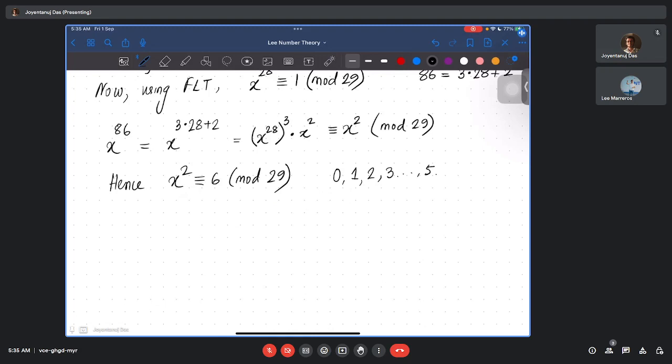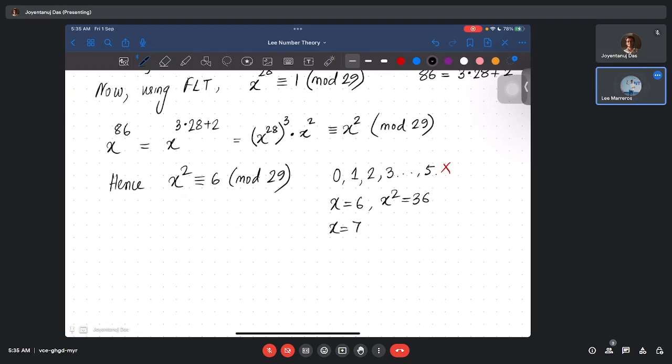But if I choose x equals 6, then x square is 36, which is 7 mod 29, right?